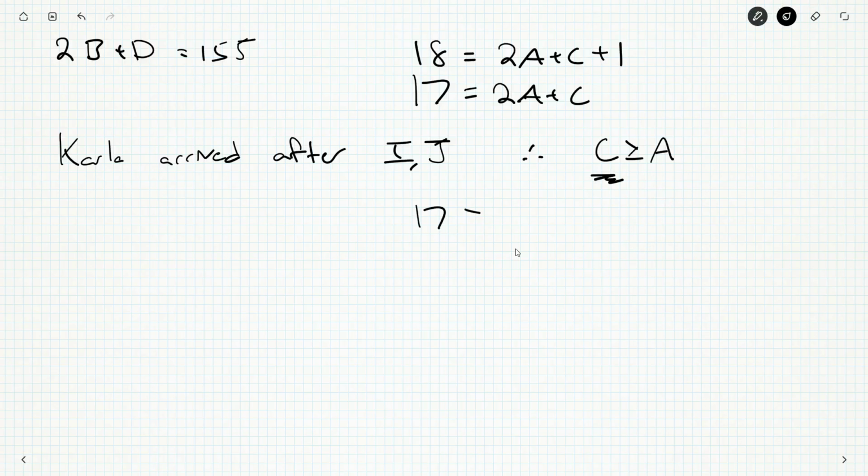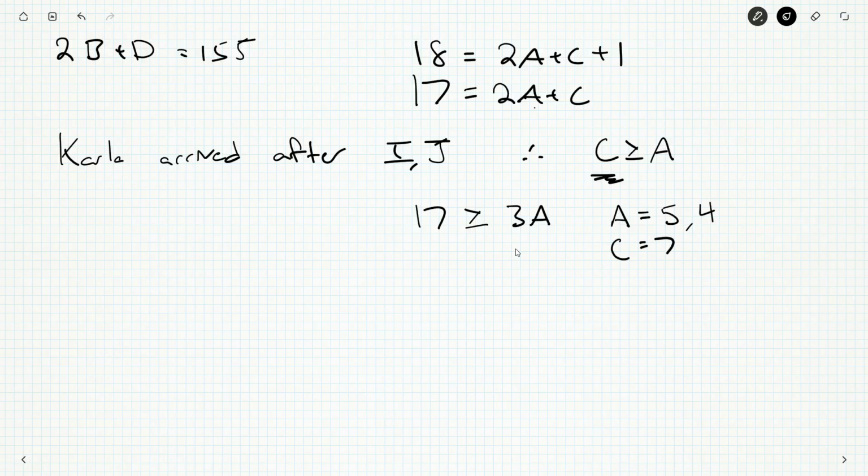So 17 is greater than or equal to 3A. So A could be 5 or 4. But it can't be 4, because then, well, no, it could be 4. So if A is 5, then that's 10, and C has got to be 7.